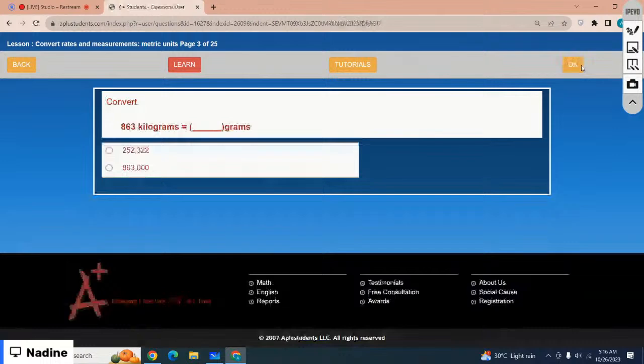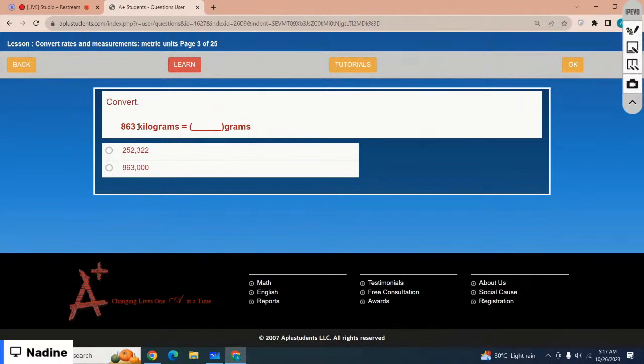The next one is 863 kilograms equal how many grams? In 1 kilogram you have 1000 grams.